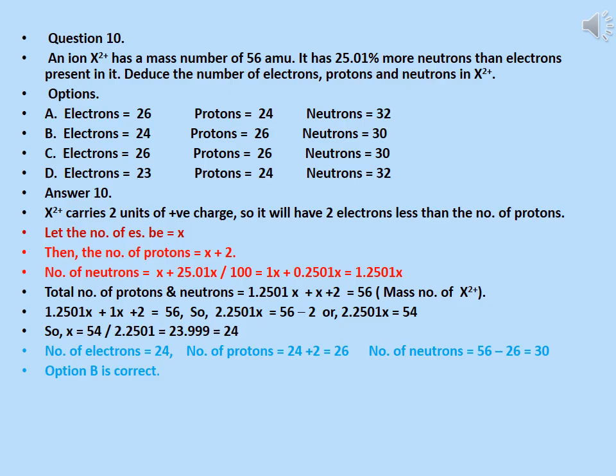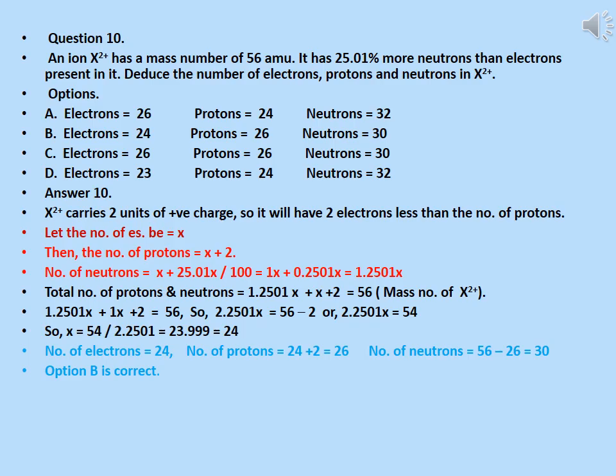So now the total number of protons and neutrons, because atomic mass is given. So the total number of protons and neutrons is 1.2501x, the number of neutrons, plus x plus 2, the number of protons present in it, is equal to 56, the mass number of X2+.